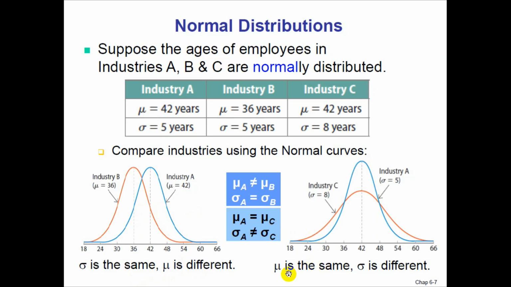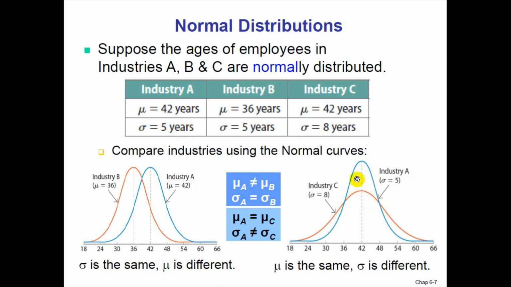What about if the mean is the same, but the standard deviation is different? If you look at industries A and C here, both have a mean of 42 years, but their standard deviations are different. Industry A has a standard deviation of 5 years, whereas industry C has a standard deviation of 8 years. The curve for industry A is in blue and industry C is in red.